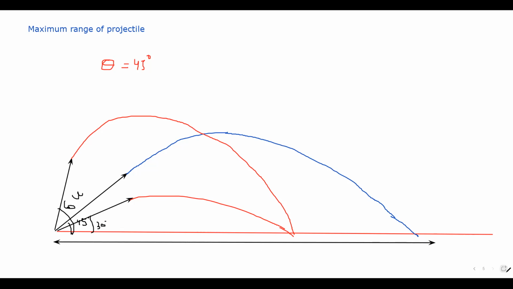And the vertical and horizontal components of motion are independent of each other. The vertical and horizontal motion do not depend on each other. What does it mean?